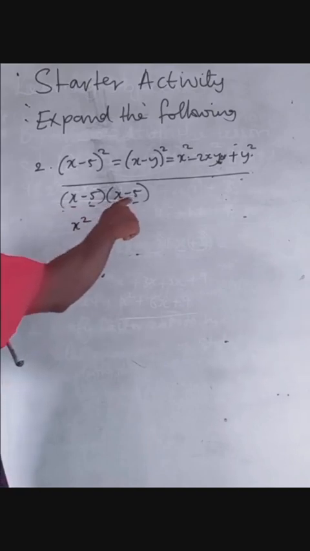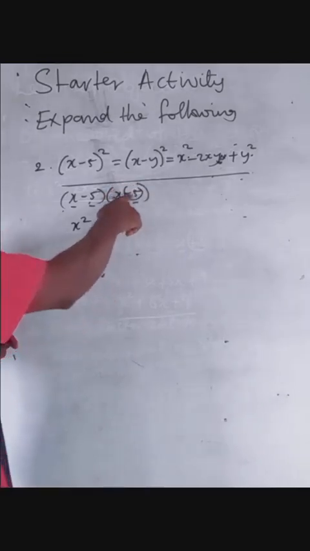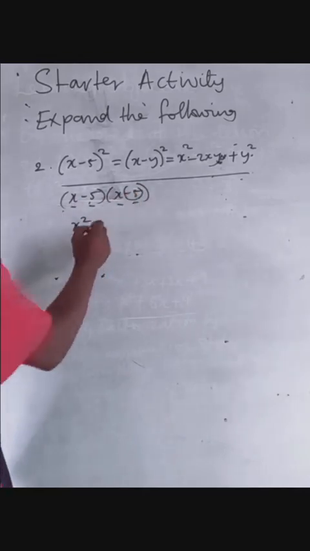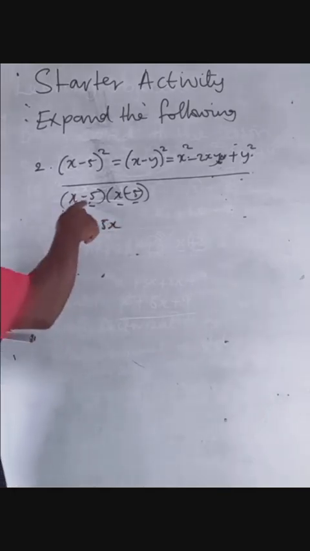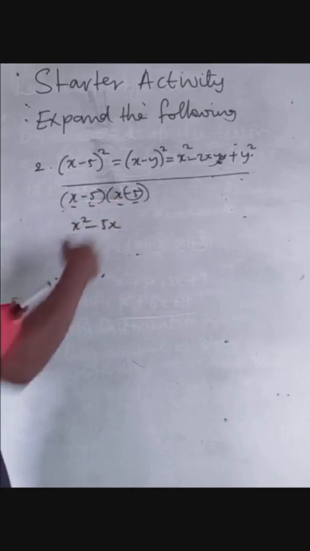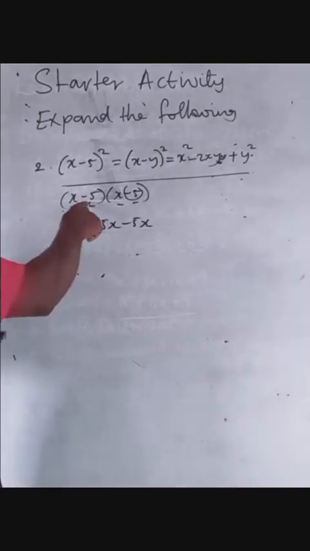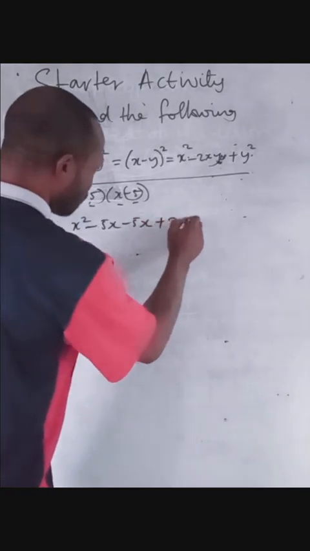X multiplied by minus 5, take note, I'm still attaching the negative sign to 5, is minus 5x. Minus 5 multiplied by x is minus 5x. Minus 5 multiplied by minus 5 is plus 25.